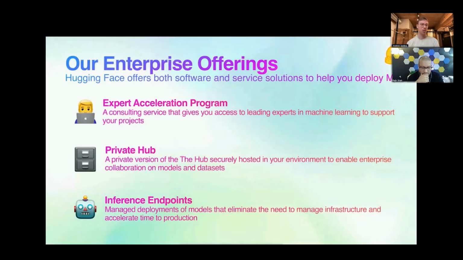The second one is our private hub. So this is pretty much the same as the public Hugging Face hub, which hopefully you've used. The main difference being that it's securely hosted on your environment. So for large enterprise customers that perhaps have InfoSec challenges in leveraging cloud-based open source models, this gives them a secure way to access those resources, so they're not reinventing the wheel on models every time.